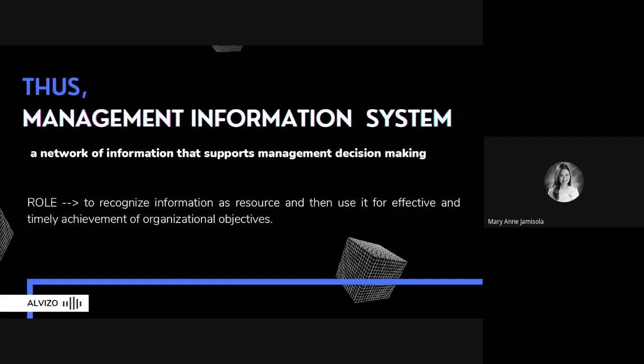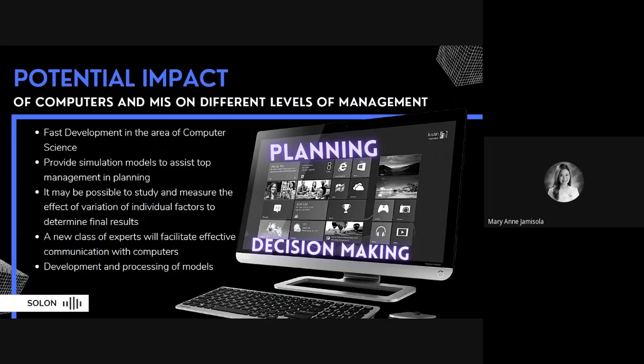Let's look at the potential impact of computers and MIS on different levels of management. The potential impact of computers on top level management may be quite significant.